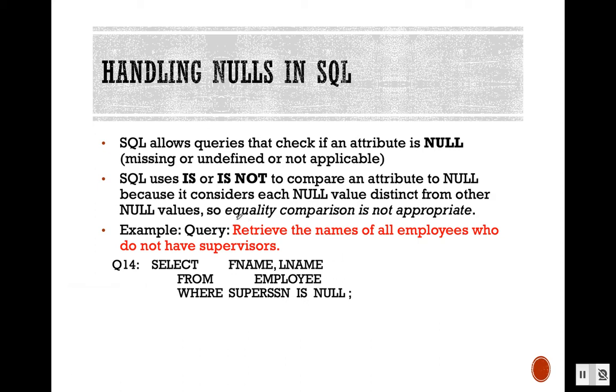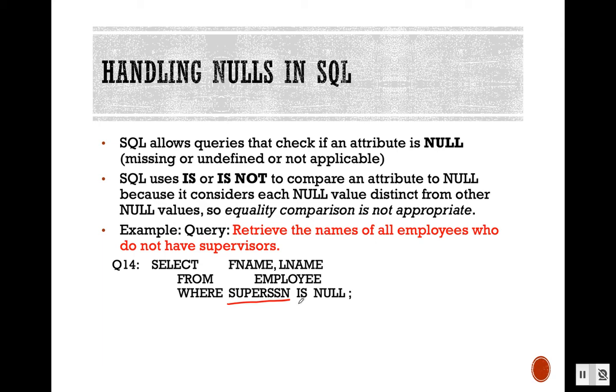For example, retrieve the names of all employees who do not have any supervisor. If an employee has a null supervisor attribute value, meaning the Super_SSN attribute is null, that means that employee doesn't have any supervisor. How can we check that?